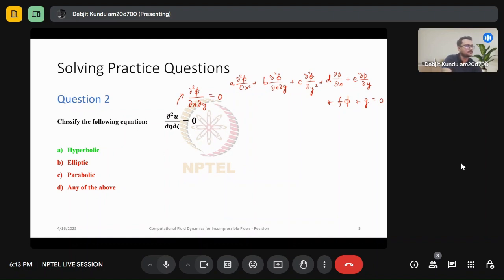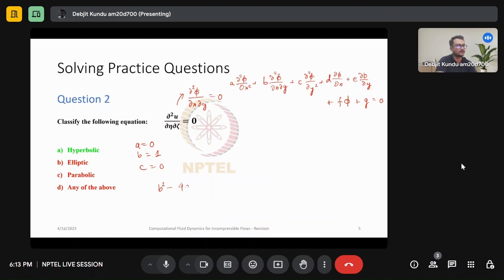Now, comparing with the general form, we have the values of A equals 0, B equals 1, C equals 0. These are the only three things that we need to determine whether it's hyperbolic or not.